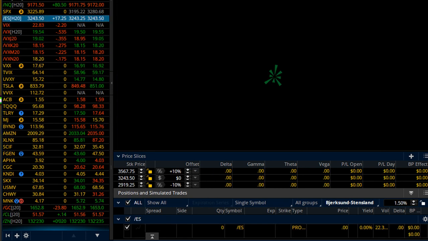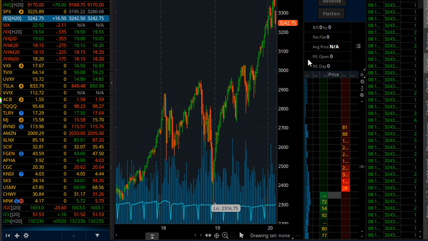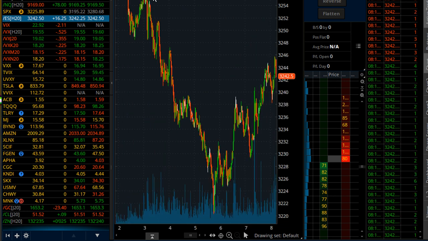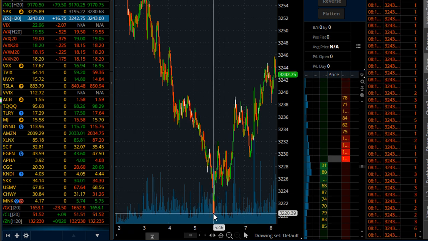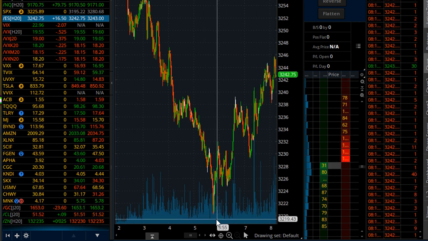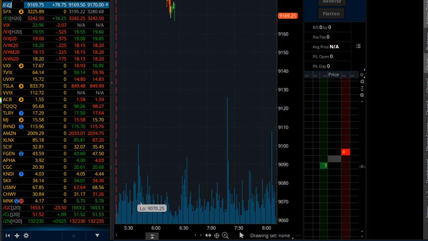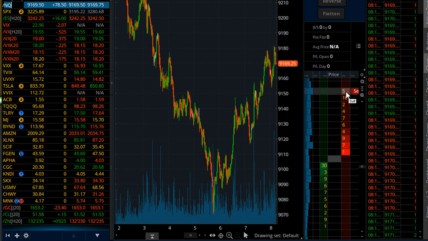So we can see that we're off the lows, and we're actually positive on the day a little bit here. You can see we were more positive at like 2 in the morning, but we sold off down to 6, but we never actually went negative, or if we did, just slightly. And now we've regained some ground. Also, NASDAQ up 78, and we're in positive territory.